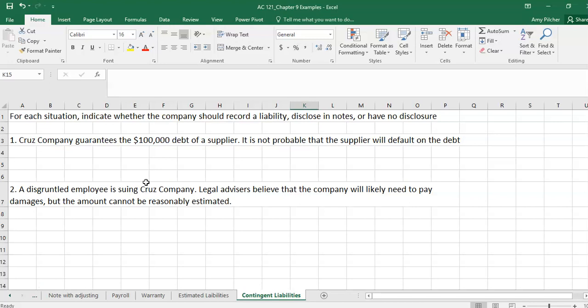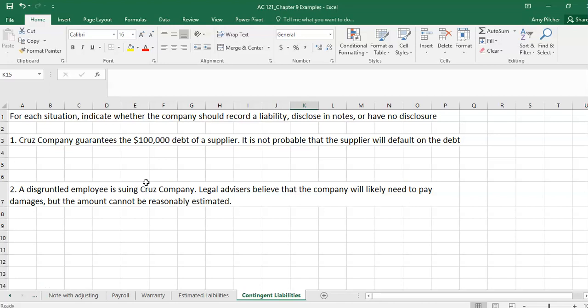We don't think that they're going to default, but we would still need to disclose that in notes because we could potentially become liable for that debt by signing a guarantee for it. Second, a disgruntled employee is suing us. Our legal advisors believe we're going to lose the lawsuit, but they don't know exactly how much we're going to pay.